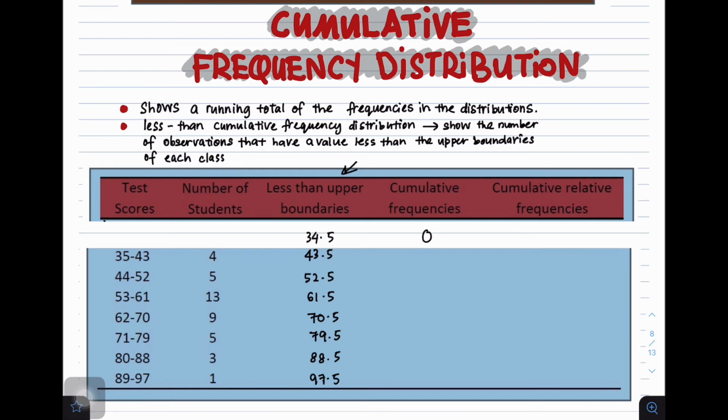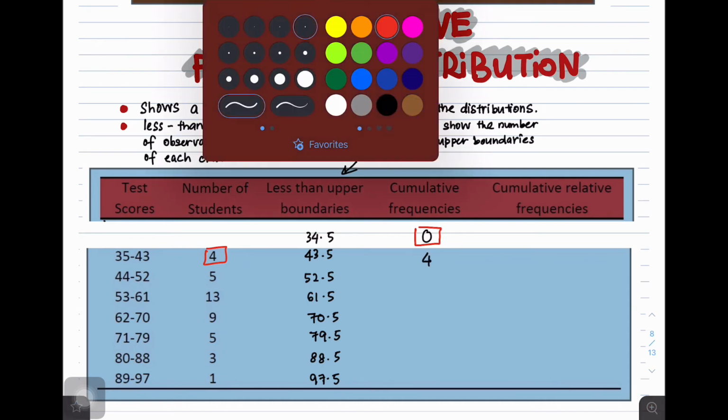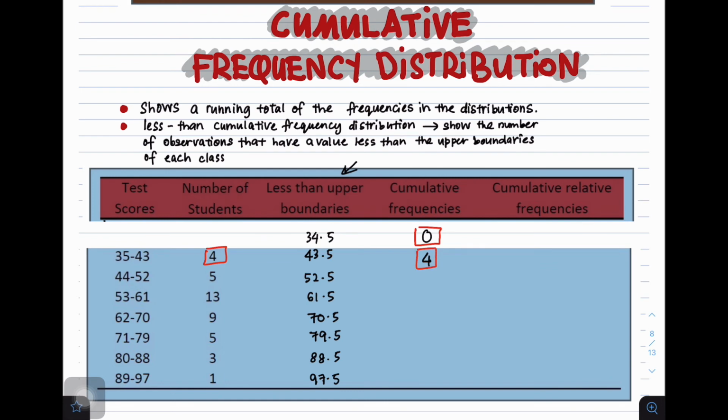So the cumulative frequency for the next class is by summing up this frequency with that class frequency. So 0 plus 4, you will have 4. And then you sum this frequency with the class frequency. So 4 plus 5 is 9. Okay, so you have 9 here.